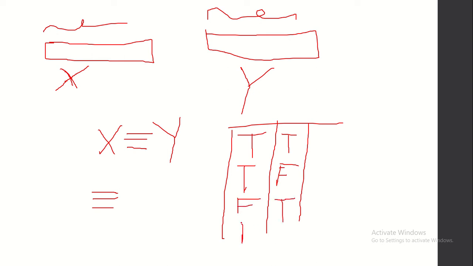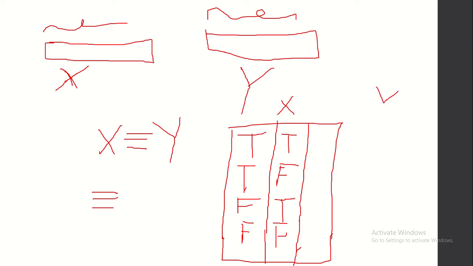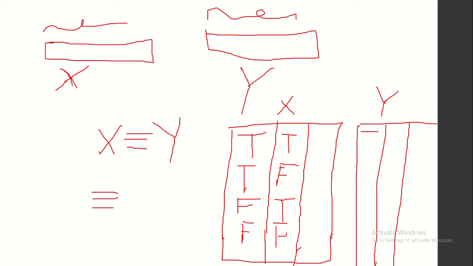So let's assume x takes these inputs. So this is x, and as we said, if x and y are equivalent, then they will give us the same truth values for the same set of input. That means if y and x are equivalent, then y is also taking the same set of input. So let's assume this is y.